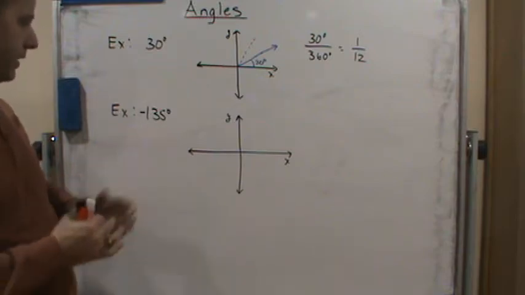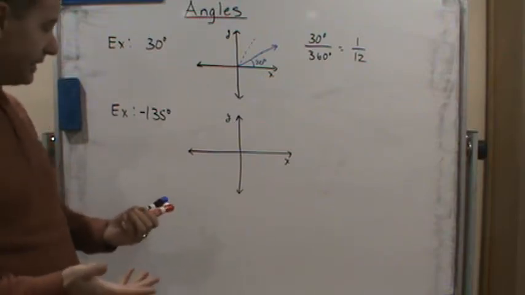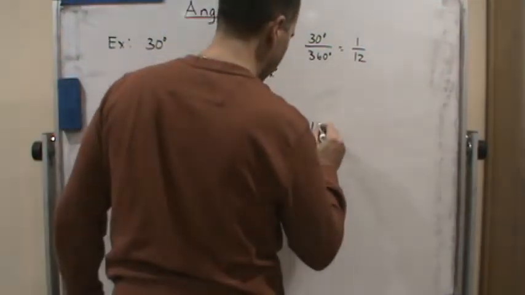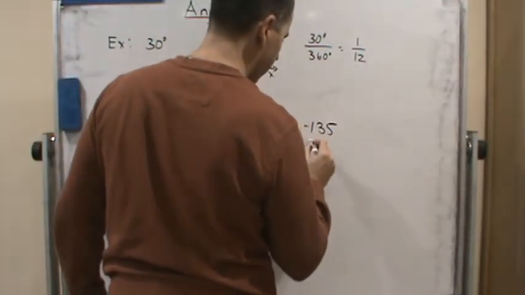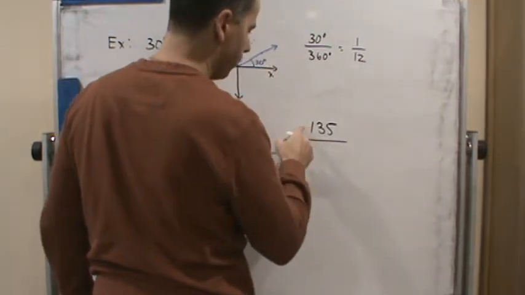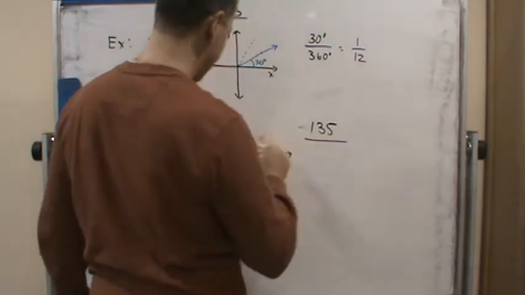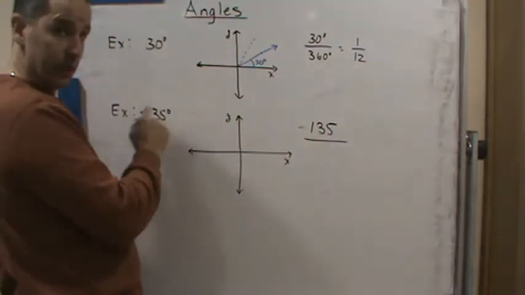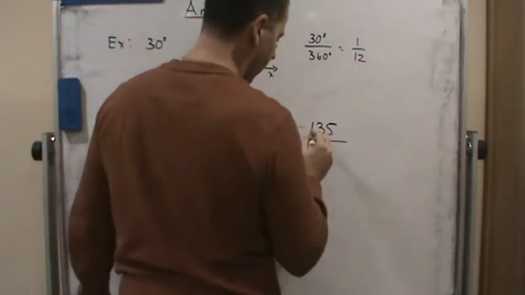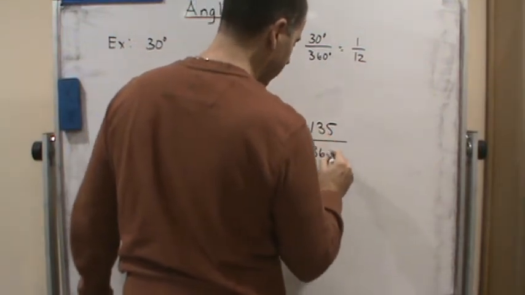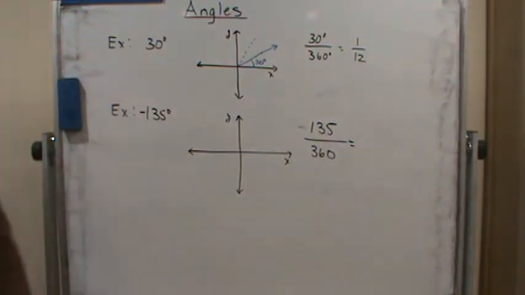Well, we could divide by 360 again. It doesn't really matter whether you have the negative sign in there or not, just don't forget that it's negative. The negative tells you clockwise. That's really the purpose of the negative sign. So 135 over 360, what does that equal?